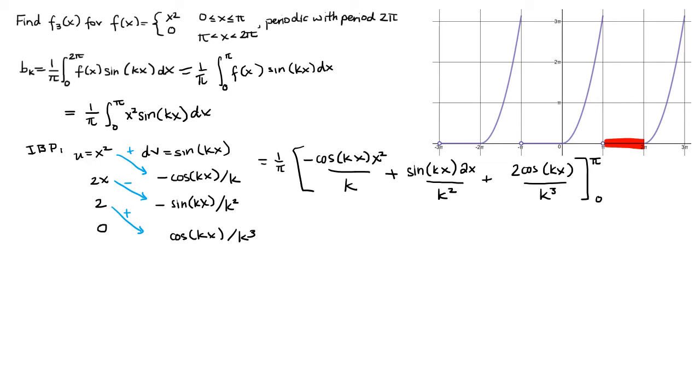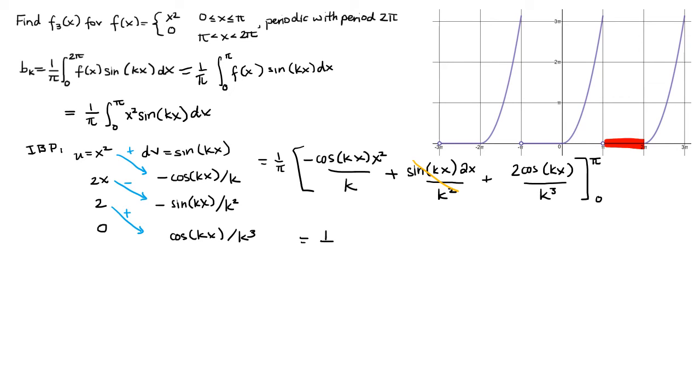All right. Now, just like last time, right off the bat, we know we can ignore this middle term because we know that sine of k pi is always equal to 0. Okay, so that term is always going to just be equal to 0. And now we can plug in pi and 0.